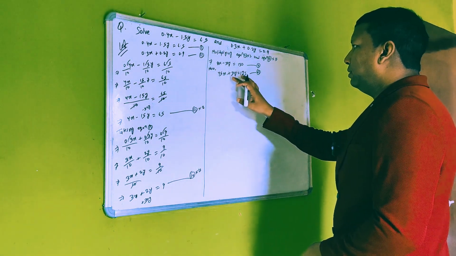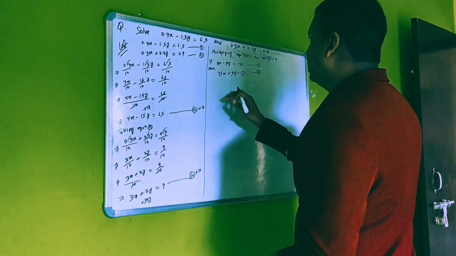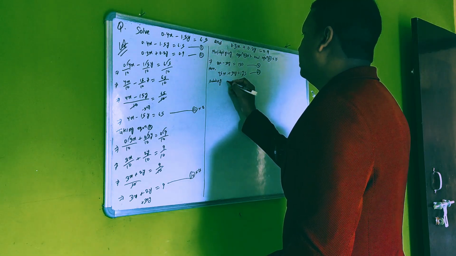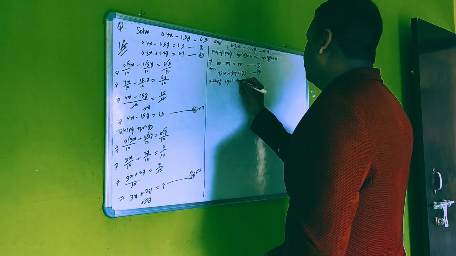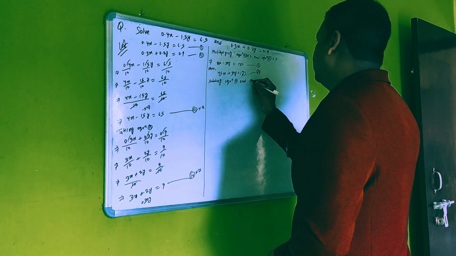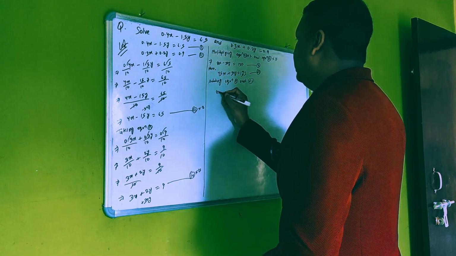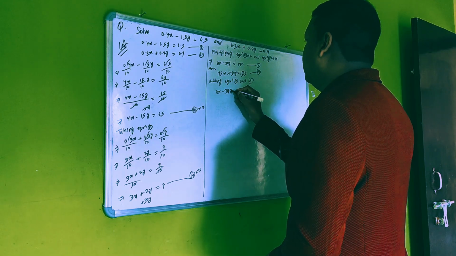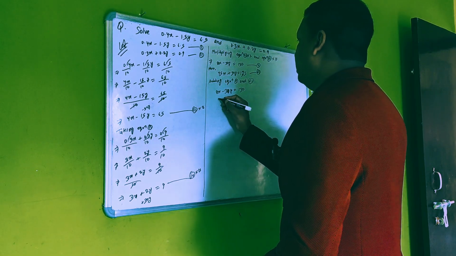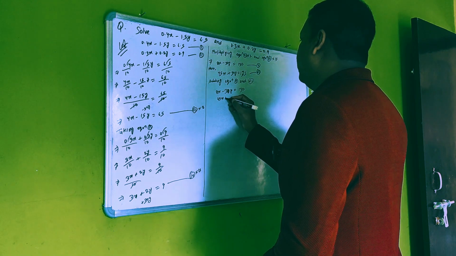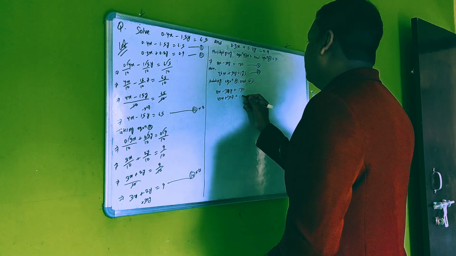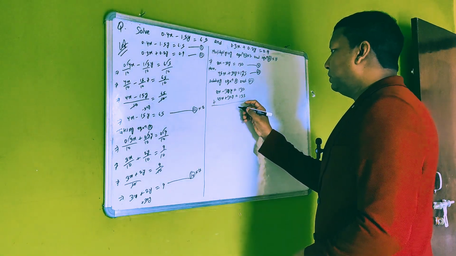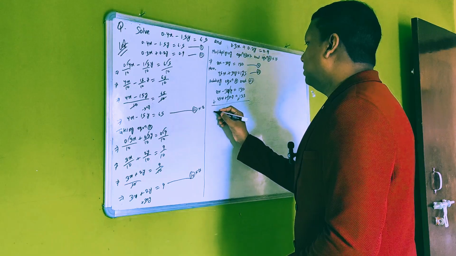Thereafter, you simply need to add equations 5 and 6, then you can get the x value. So adding equations 5 and 6: 8x minus the y term equals 130, and 45x plus the y term equals 135. When we add, the y terms cancel.